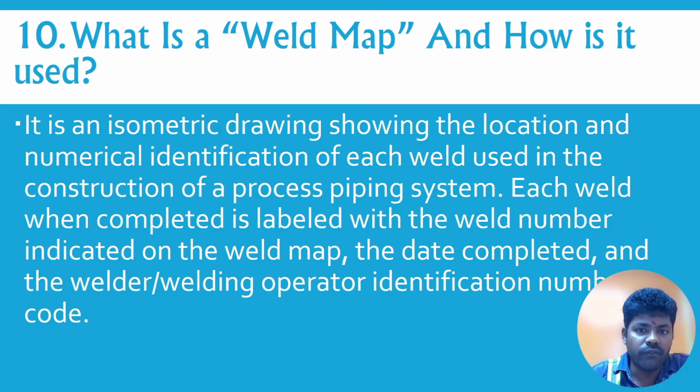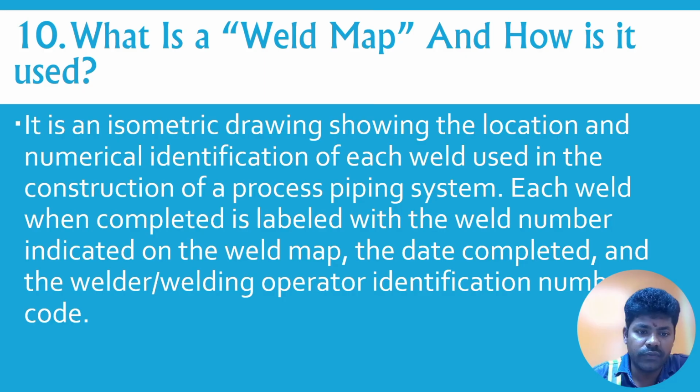What is a weld map and how is it used? A weld map is the same as an isometric drawing, but the isometric drawing does not show any figure, so you need to create a new as-built figure. You prepare the weld map in isometric, showing the location and numerical identification of each weld used in the construction of a process piping system.